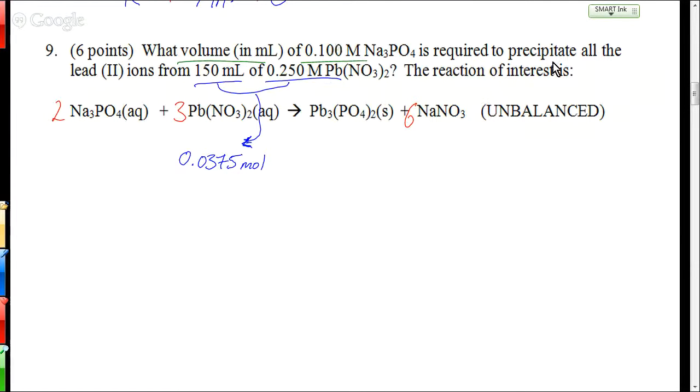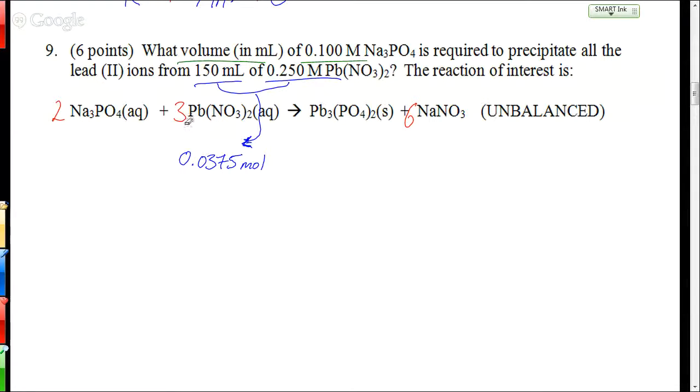Now, when we talk about precipitating all the lead-2 ions, it kind of sounds like it's going to be tricky, like we have to account for the differences in formulas because we start with lead nitrate and then we end up with lead with 3 of them in the phosphate as a precipitate. You don't need to worry about that, and the reason you don't is because the equation is balanced. As long as the equation is balanced, that's all accounted for, and you just need to find out the moles that you need.